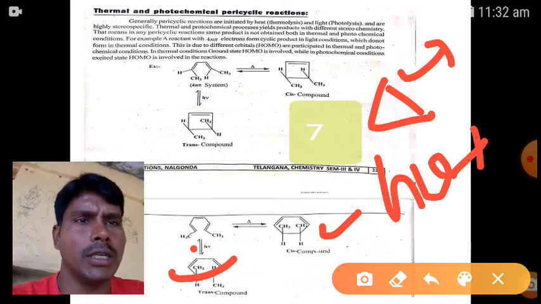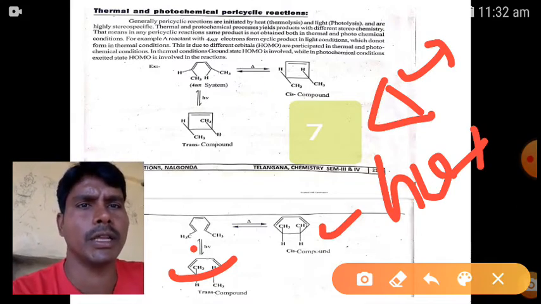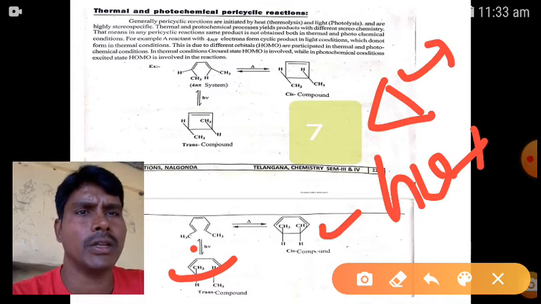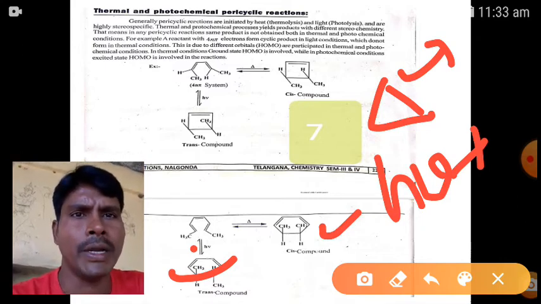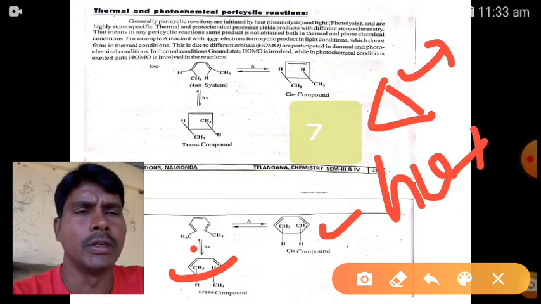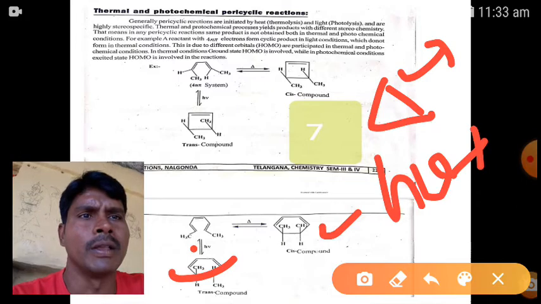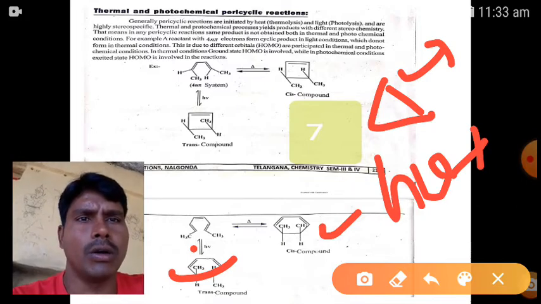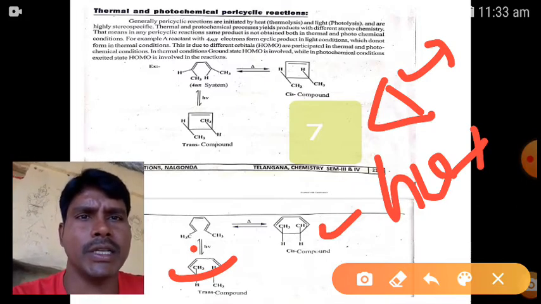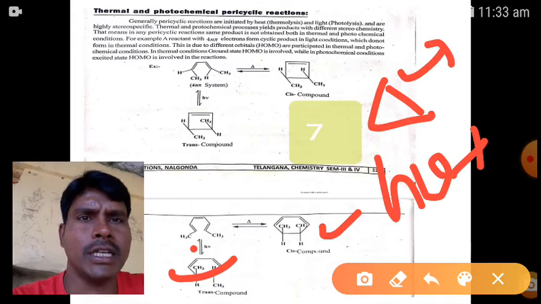So it is the stereospecificity of the reaction. What happens in the mechanism we have to observe in this chapter. So how do you get cis and trans products in different conditions? We have to check how many types of pericyclic reactions are present in the reaction mechanism. So next slide.